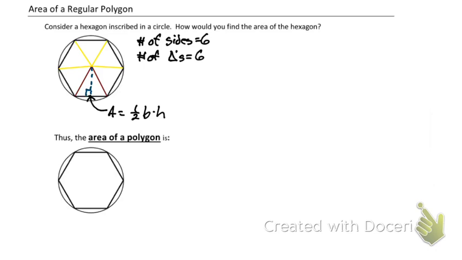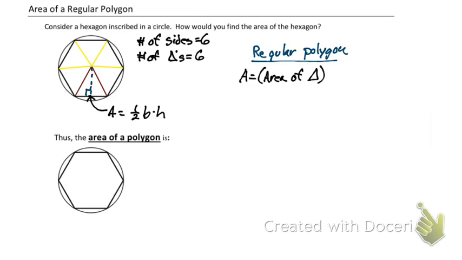That means at a total generic level, a regular polygon's area is going to equal the area of the triangle times, and the number of triangles is the same as the number of sides, so it'll just be times the number of sides.